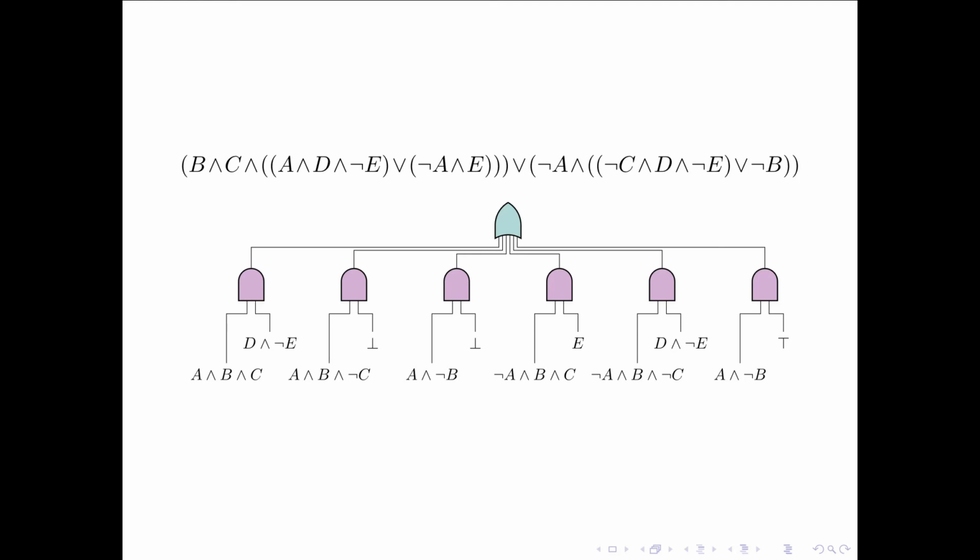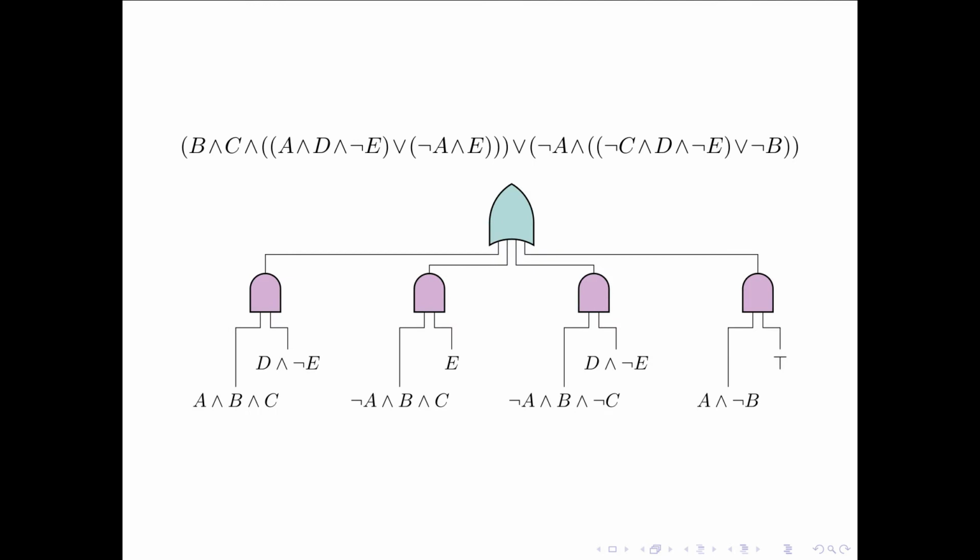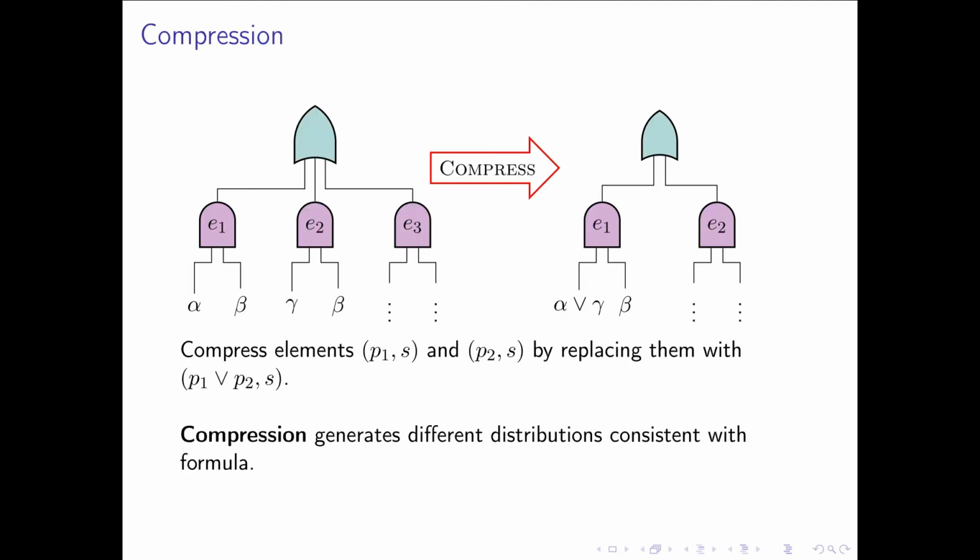So after this, we have the elements here, and they're sampled according to our procedure here. And when we have subs which are a bottom constant, then we can remove them because they're always going to have probability equal to 0. Another thing that we can do after we have sampled the primes is compression.